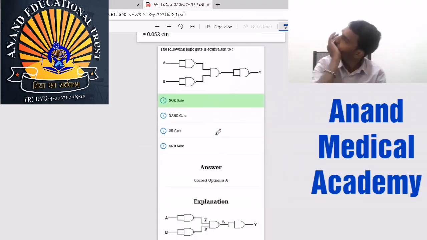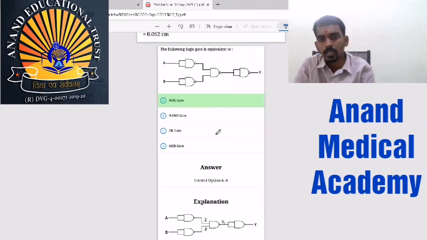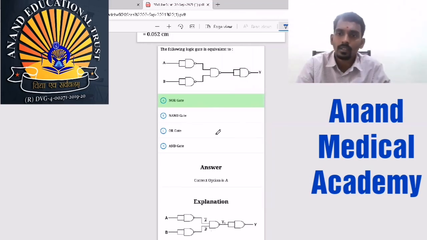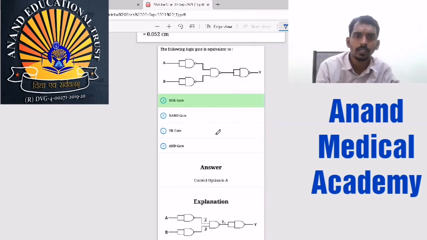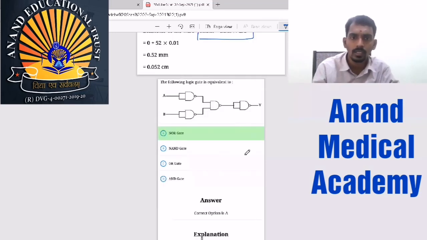Let it be. Now, as I said, one of the important questions from semiconductors is based on logic gates. They can ask any combination of gates, or they can ask you to write the truth table for any combination. So please be thorough with that. Like here, they have given A. They join together, so here A is coming, but here the NOT gate means A bar will come, here B bar will come.